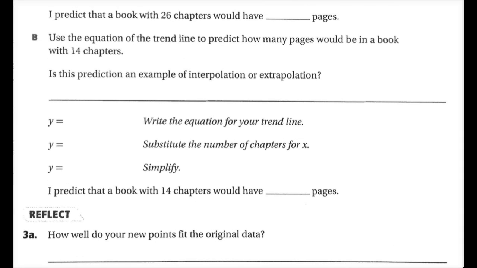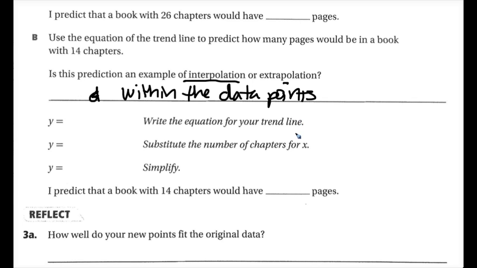It would be considered interpolation because, you write this in your own words, we're within the data points. Because 14 chapters is within the graph, we know that it's an interpolation. So write our equation, y equals 10x, substitute the number of chapters, and simplify. So I predict the book will have 140 pages.